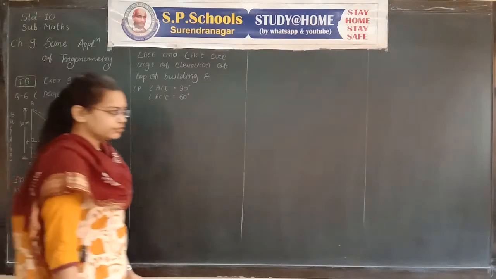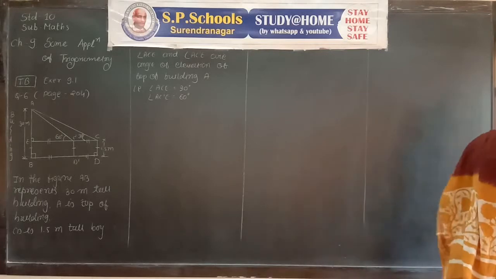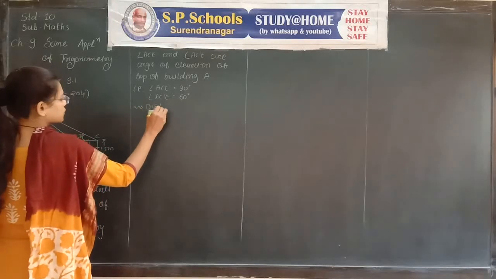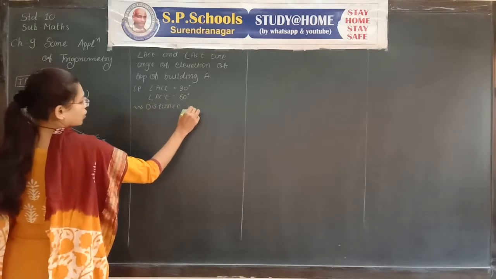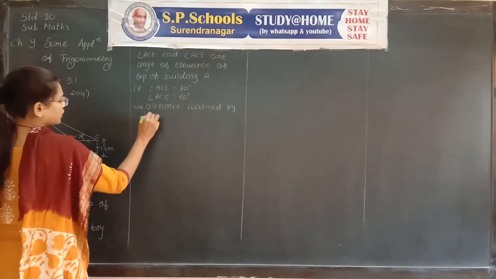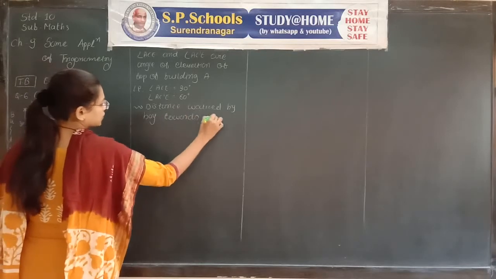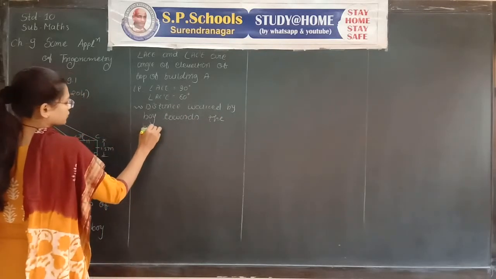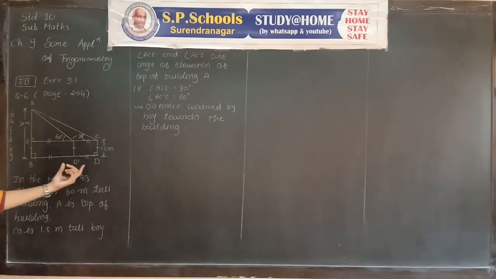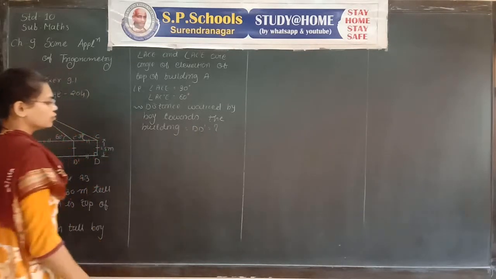Now what we need to find? We need to find the distance he walked towards the building. Distance walked by the boy towards the building equals, the boy goes from D to D dash. D to D dash equals question mark.